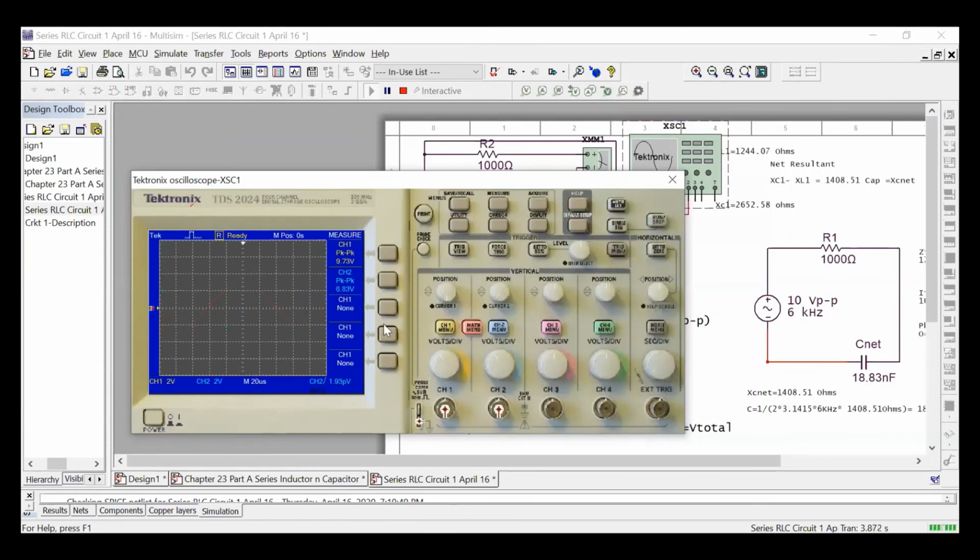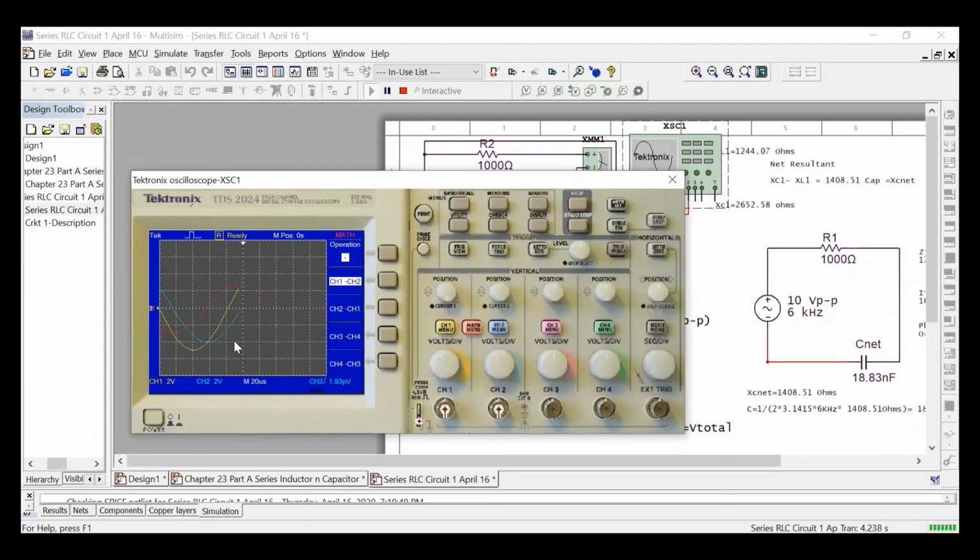Let's do the measurement. Let's see if I can get that. I'm trying to get the math on here. Yeah, channel 1 from channel 2. It gives me it right here. I was looking to see if it actually gives me the value, but we can actually calculate this.